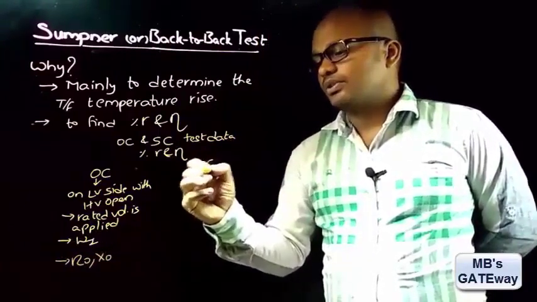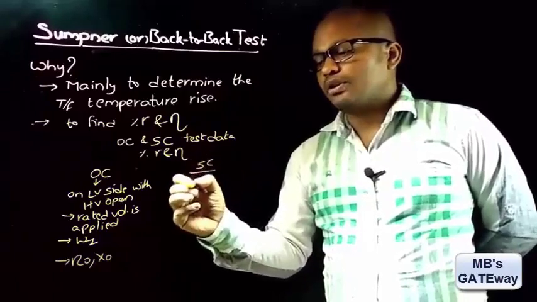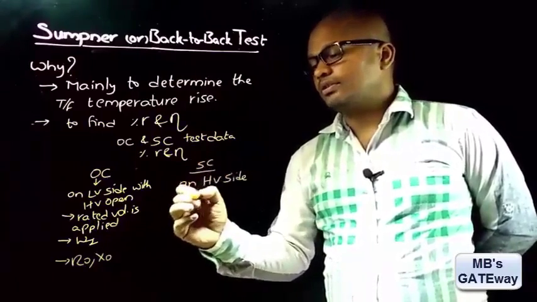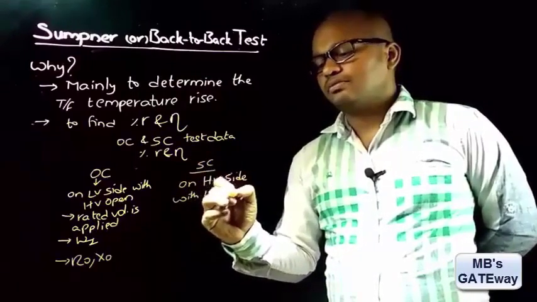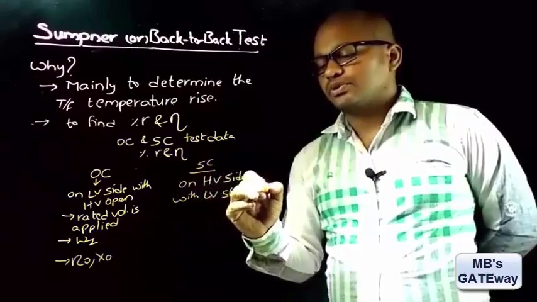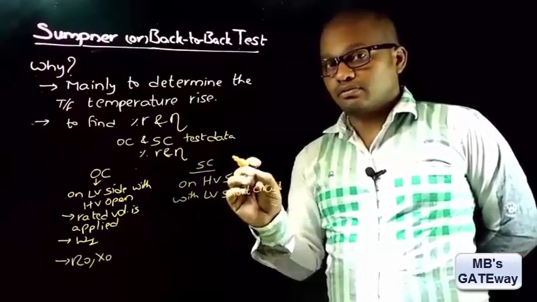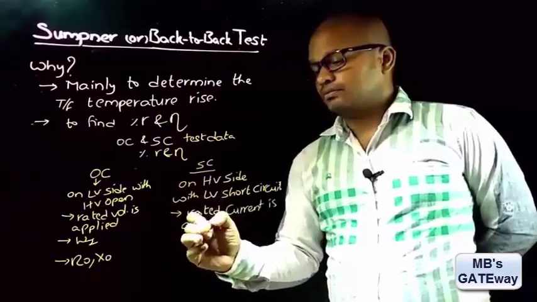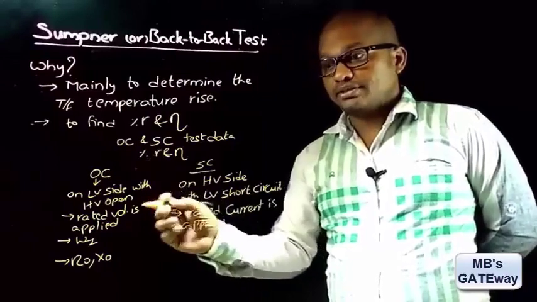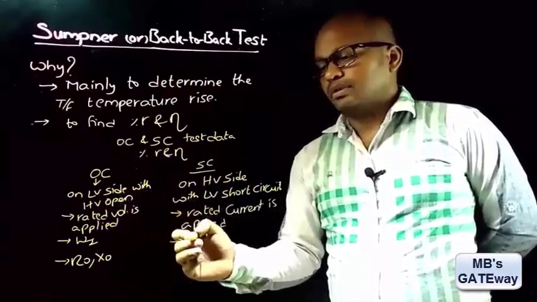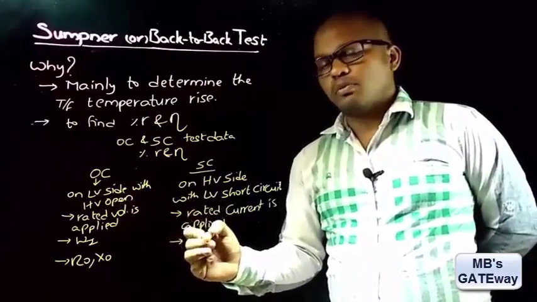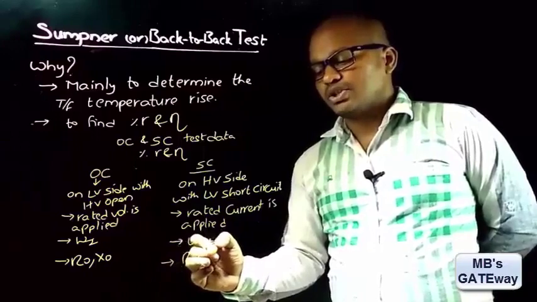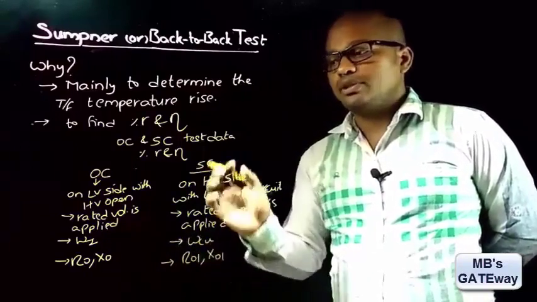Now coming to the short circuit test, this test is performed on the HV side with the LV side short circuited with a thick wire, and here rated current is applied, whereas in the open circuit test rated voltage is applied. From the short circuit test, the copper loss of the transformer is found, and the series branch elements R01 and X01 are found.